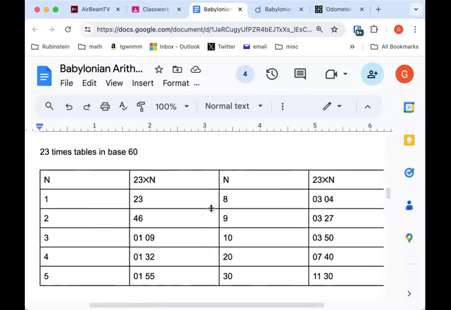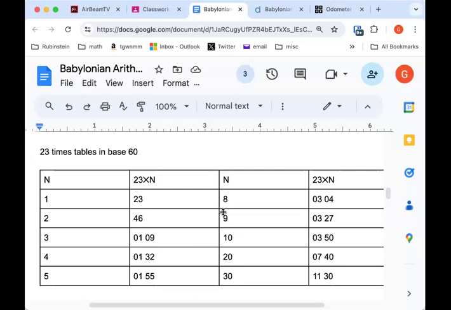You can see 23 times 1 is 23. 23 times 2 is 46. 23 times 3 is 69, but they would write it as 0109 because that's 60 plus 9. 23 times 4, you can just add 23 to 0109. And they go all the way up to 23 times 10, which says 0350, but 0350 is 60 times 3, plus 50, which is 230, which is 23 times 10.